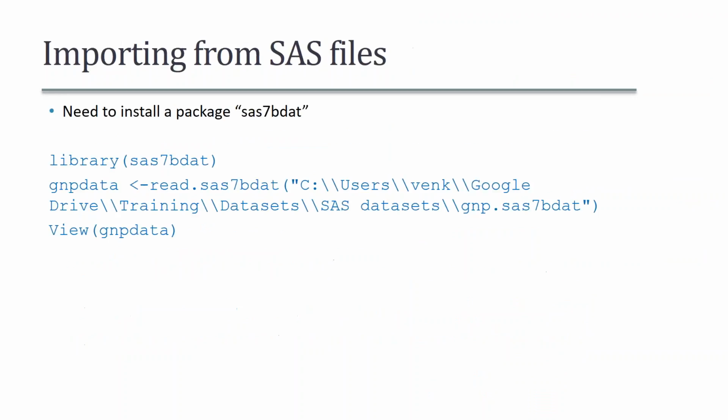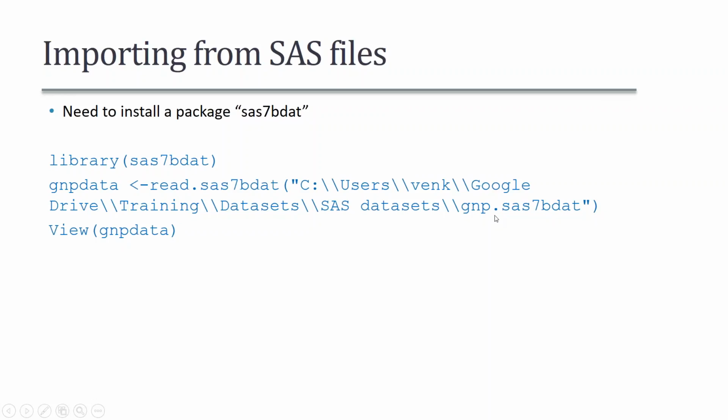The next one, importing a different type of file. Most of the times we might have to work with not just CSV files, but many other types of files. SAS is another type of format. SAS data files have an extension SAS7BDAT. The way our sales.csv has the CSV format, SAS files have the SAS7BDAT format.